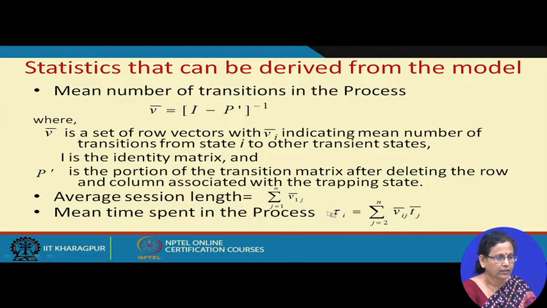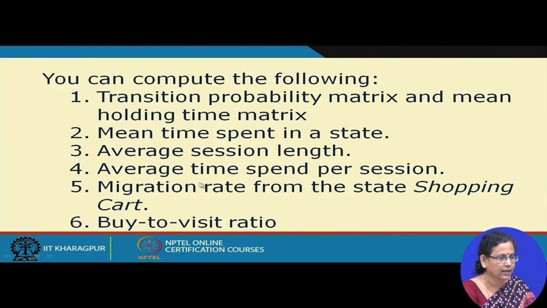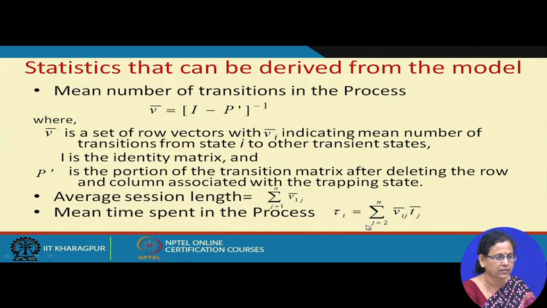So, after you find out the session length, the question asks average time spent per session. So, average time spent per session can be found out from here. This is the average time spent in the process, which means in the entire session.